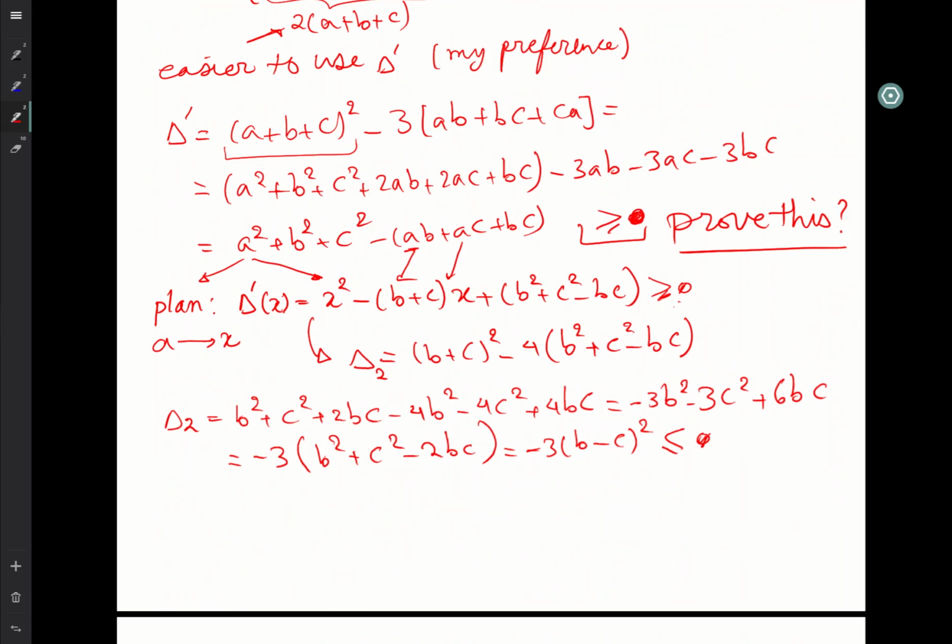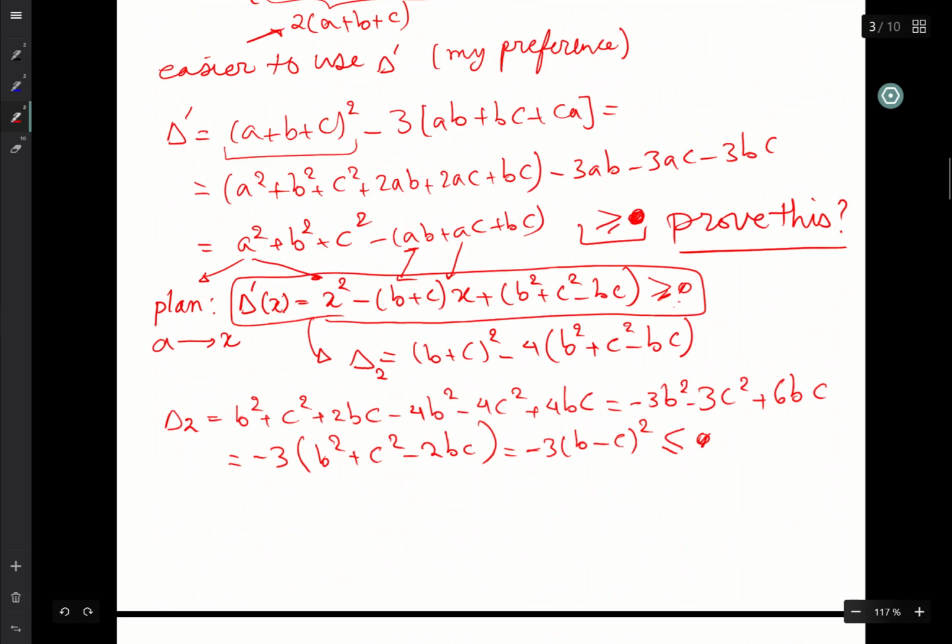If the delta of this quadratic is less than or equal to 0, we are guaranteed that delta prime of x, the quadratic function, agrees in sign with the leading term x squared. So this has to always be positive because the leading term is plus 1.